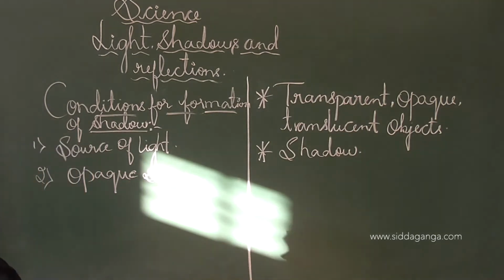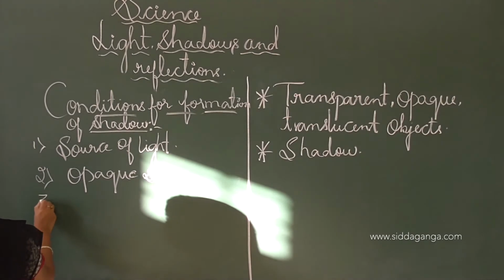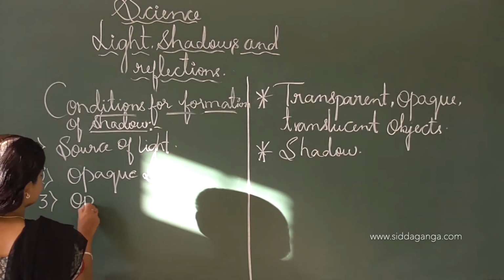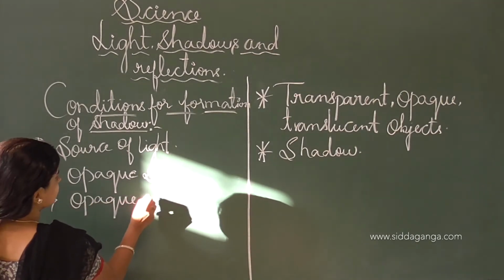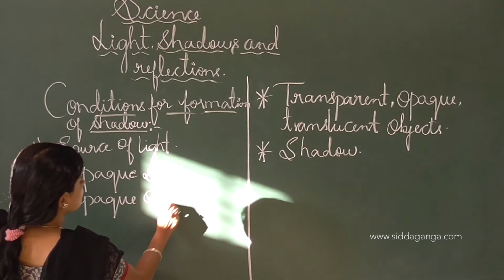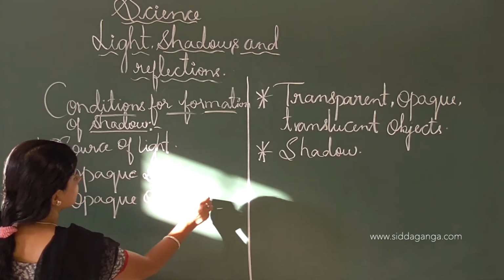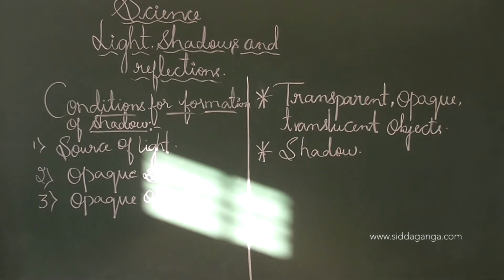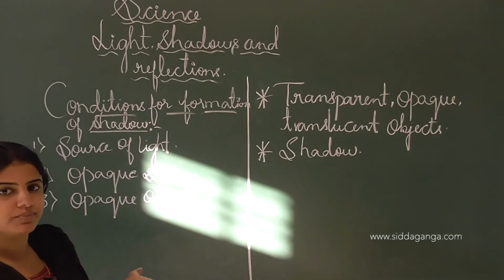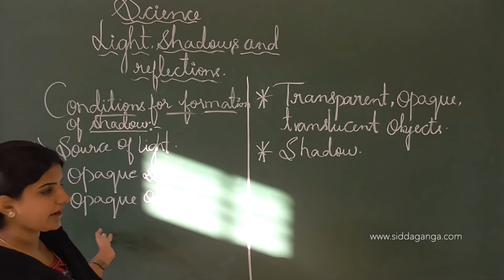And the last one is the opaque object. See, these are the conditions for the formation of the shadow.